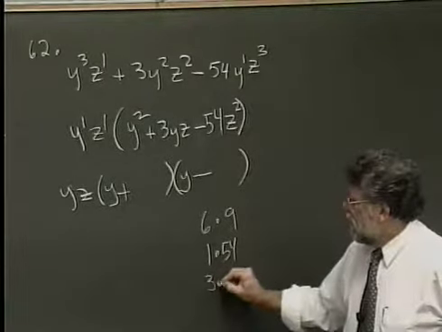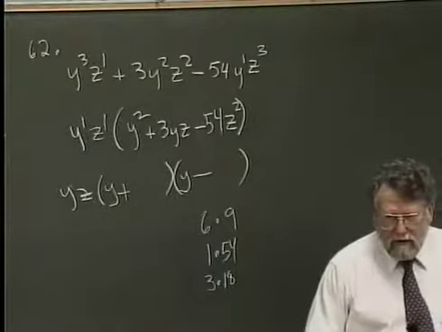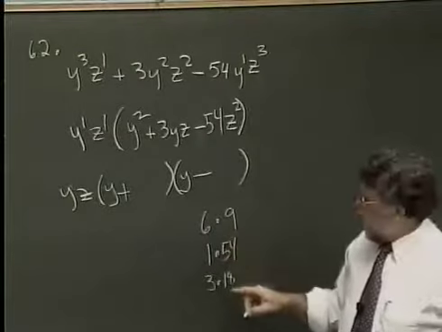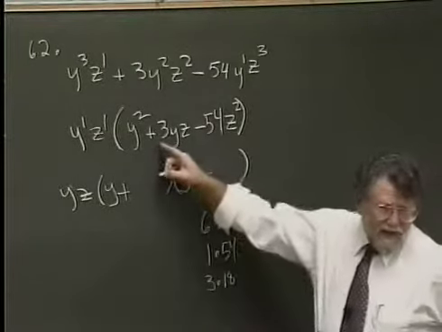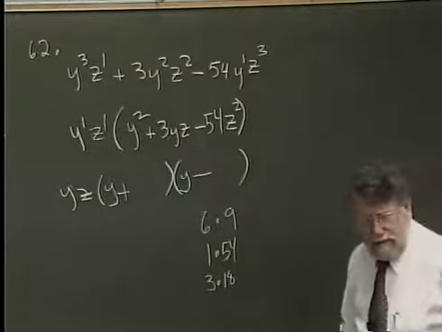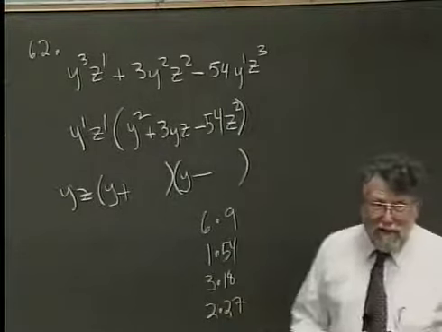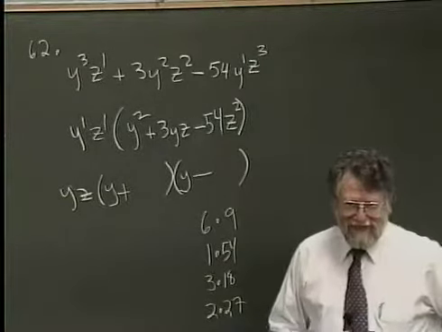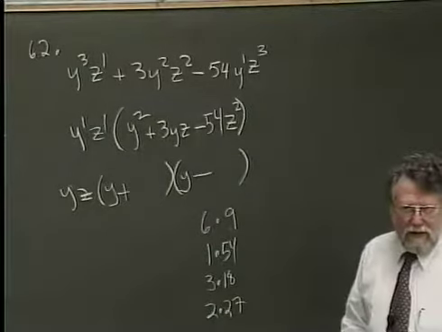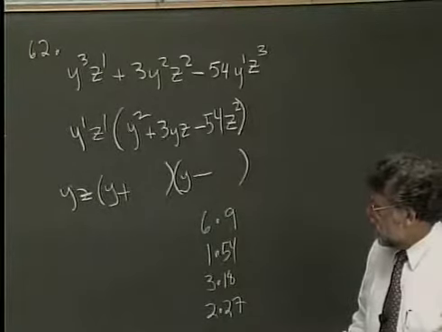3 and 18, good. The point I'm making here, if the authors are kind to you, they've given you middle terms with the easy one. But if I want to play with your head, I could have put a 15 here. Then you'd be into 3 and 18. What else? 2 and 27. I could have gone with a 25 in the middle term. What else? Anything else? We've got a 2, a 3, a 1, a 6.